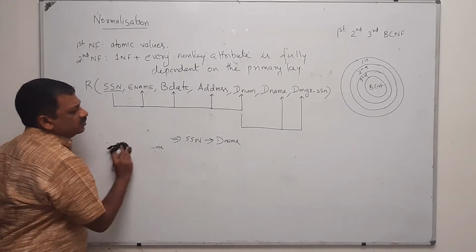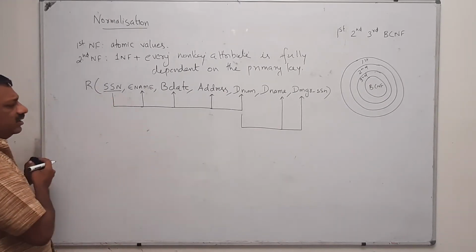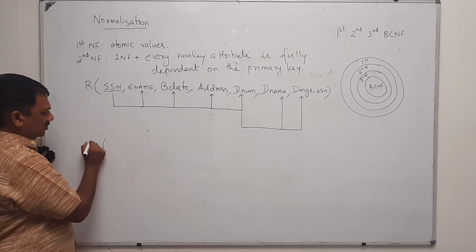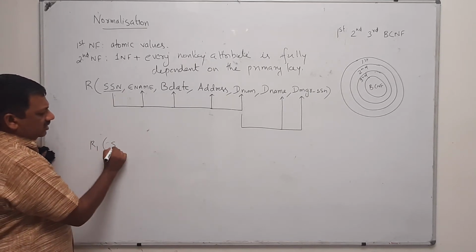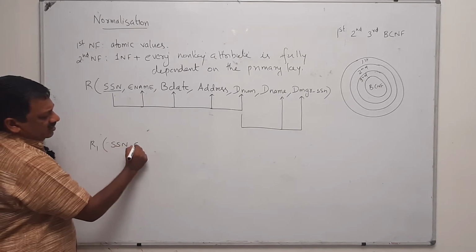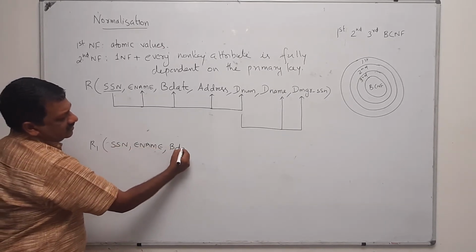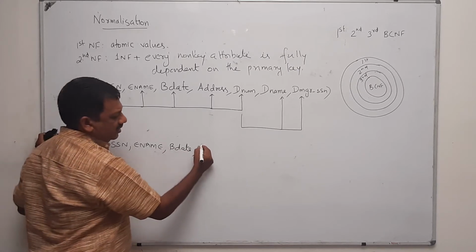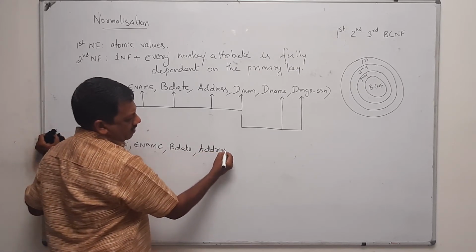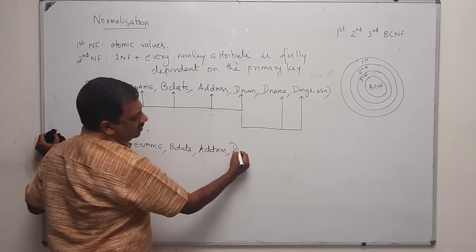Now I am going to split that table into two. I am going to have relation R1, which has SSN, E name, B date, address and D number.